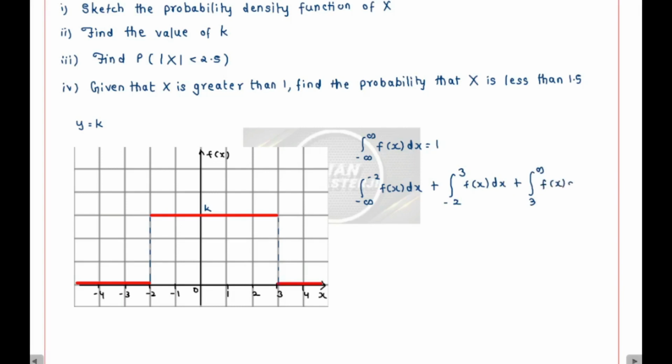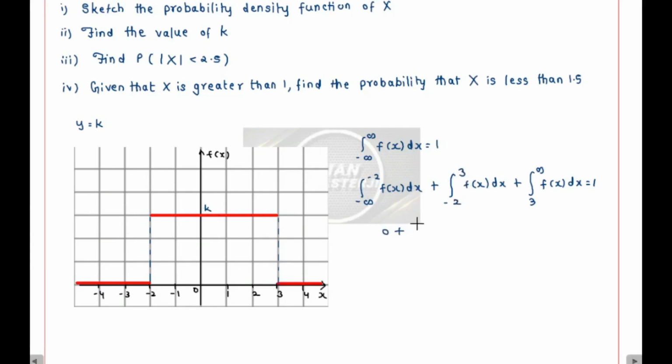Why did I split this up? Because for -2 to 3, f of x is taking some different value, and for the rest of the values of x, f of x is taking some different value. What is the value it is taking from -infinity to -2? It is taking the value 0. So that means this integration will be equal to 0, correct? Plus here from -2 to 3, what value is f of x taking?